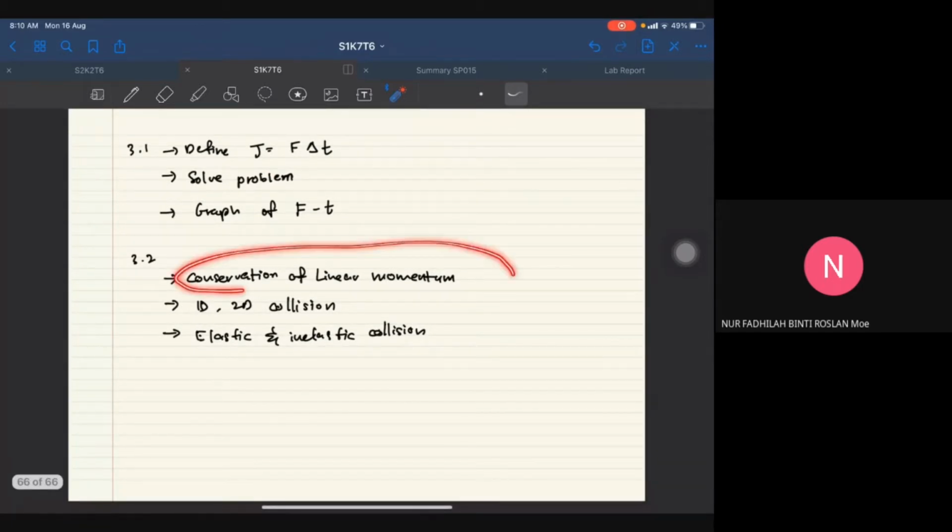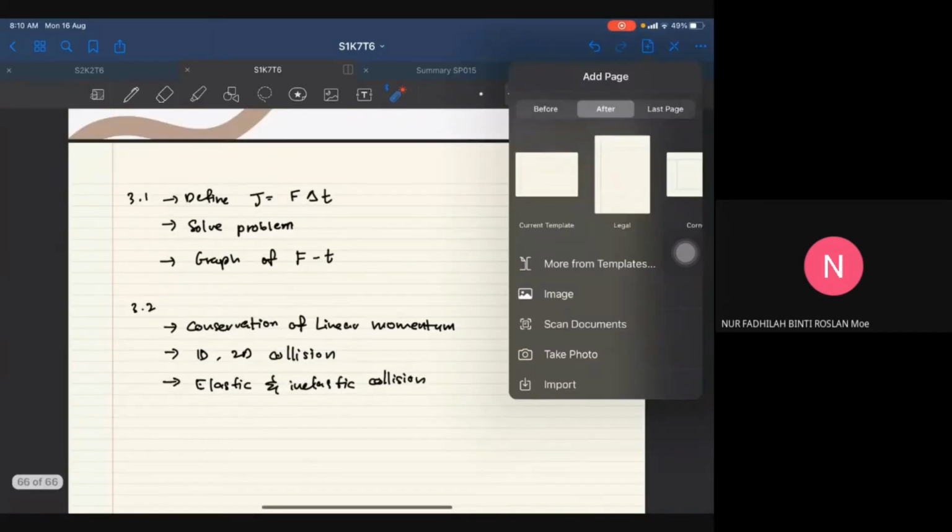Conservation of linear momentum, momentum is conserved, that one you learned in school. One dimensional you did in school, two dimensional maybe not, but it's okay. And then we have elastic and inelastic collisions, similar to your school but there are some small changes, and I will show you too, so it shouldn't be a problem.